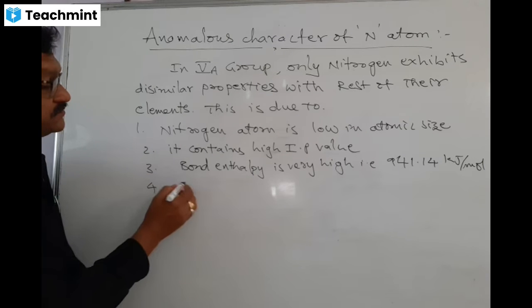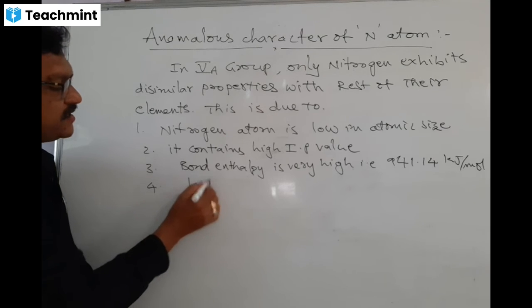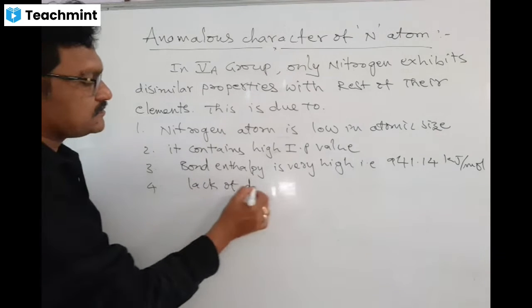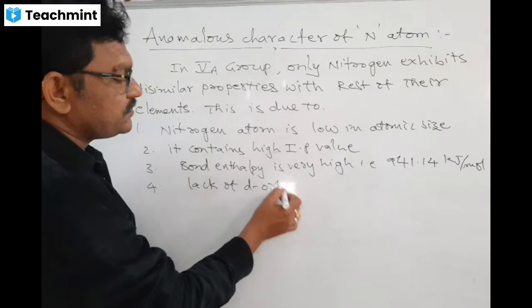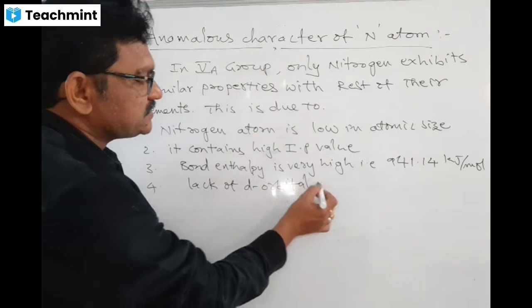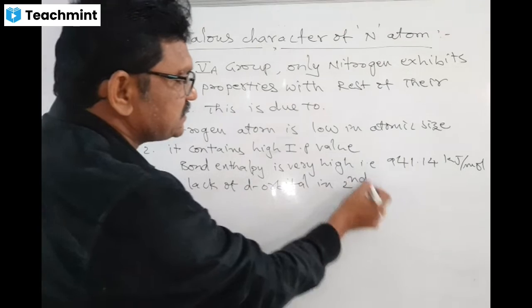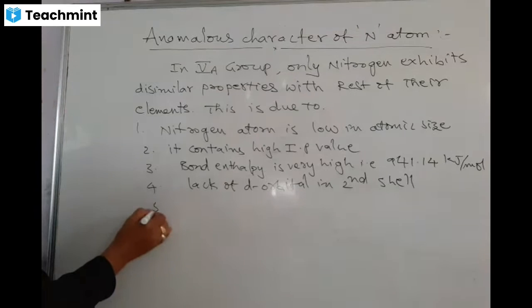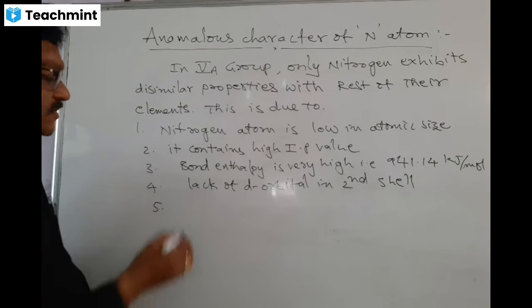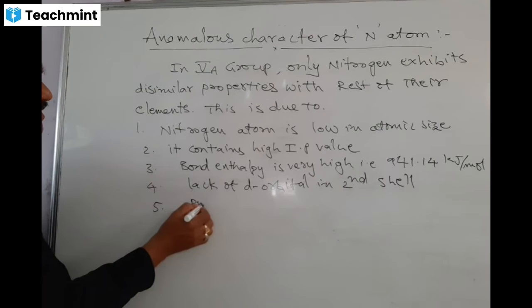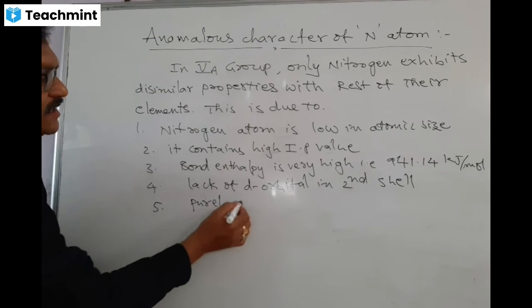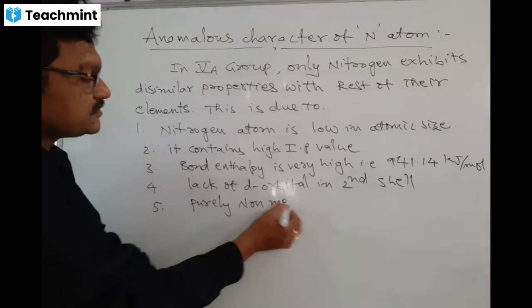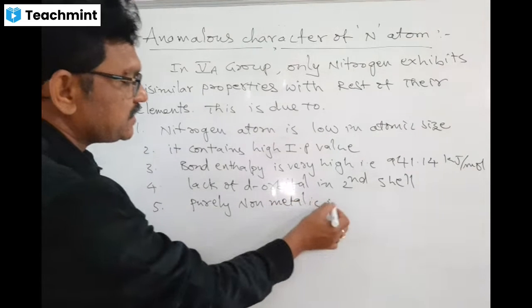Then fourth one, lack of d orbitals in second shell. Fifth one, purely non-metallic in nature.